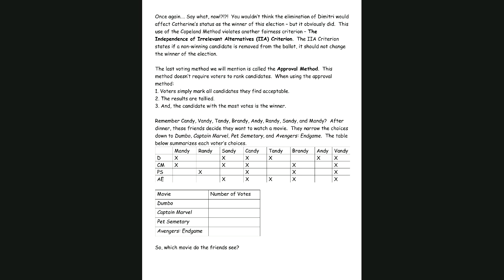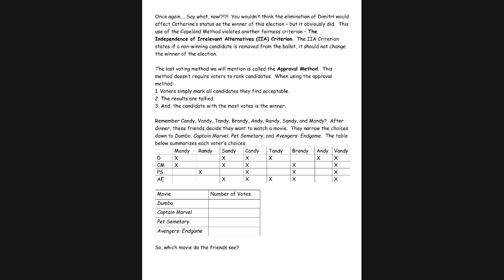What that says is that if a non-winning candidate is removed from the ballot, it should not change the winner of the election. So if someone wins and then a non-winning candidate is removed, it should not change who wins. But obviously, it did in this case. So Copeland's method is susceptible to violating the IIA criterion.